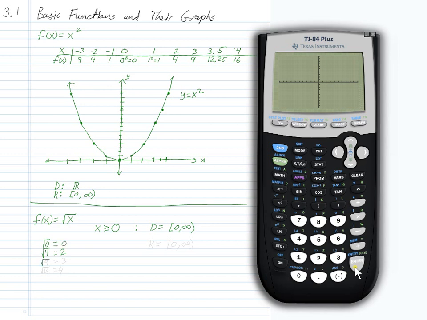The square root of 9 would be 3. The square root of 16 would be 4. So we can see as our x values increase, our y values also increase, the smallest being 0. So our range is the same as our domain.